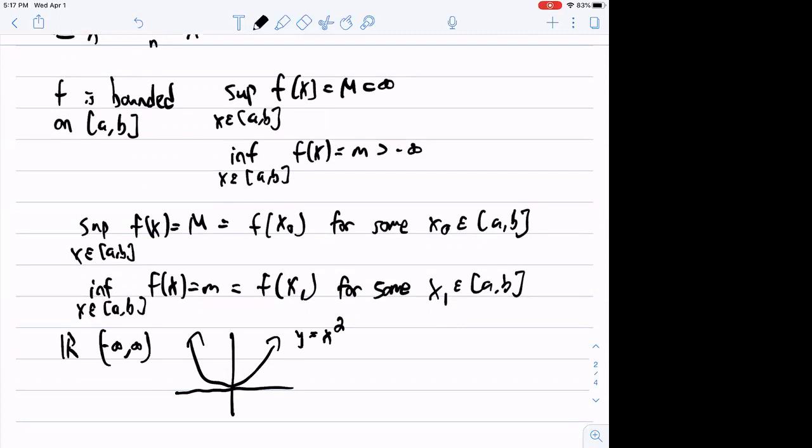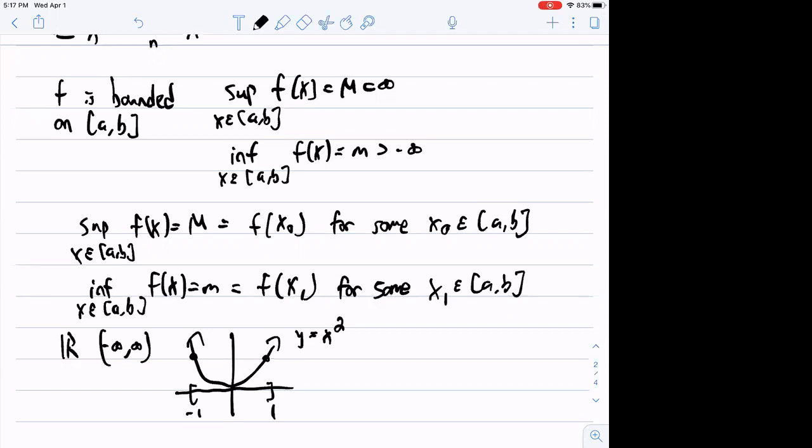You can see it goes off to infinity. But once you work on a closed interval, it attains a maximum. The maximum is 1. In fact, it hits 1 at two points. So the closed and bounded interval is important.